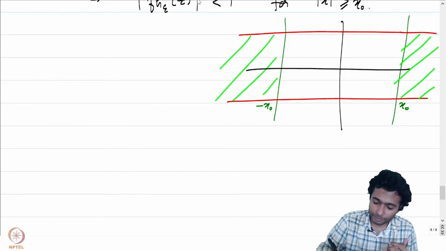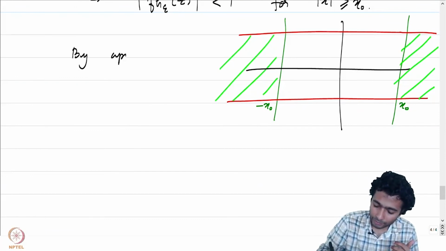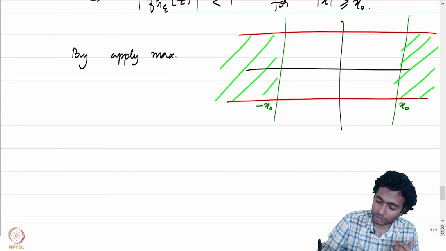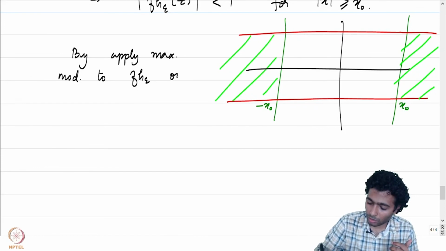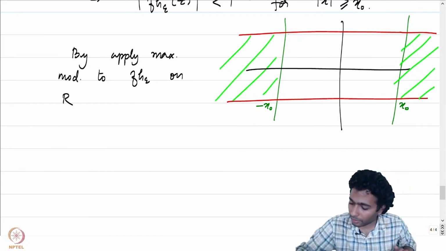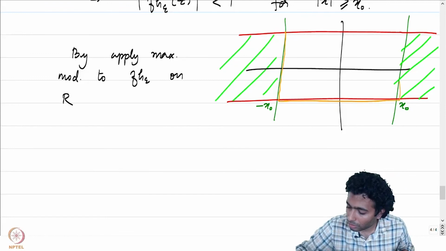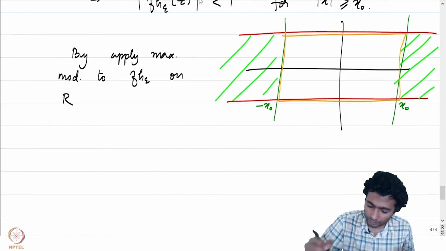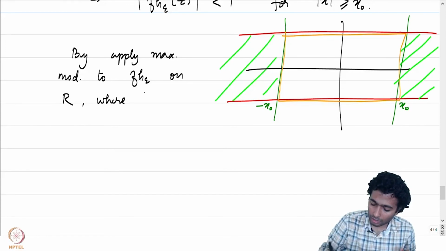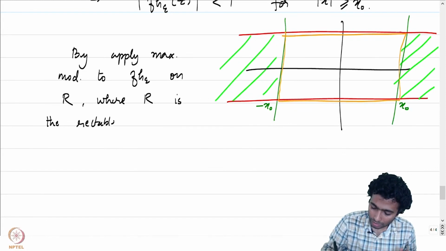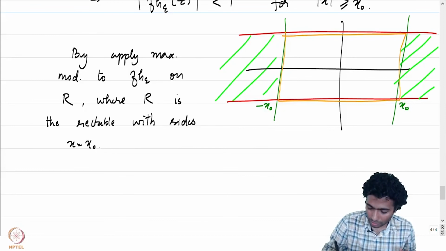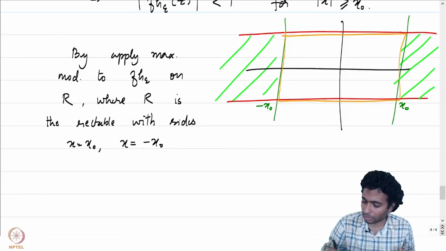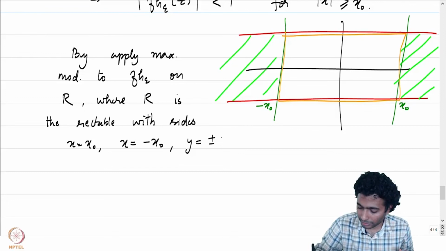Now, like the previous problem, by applying maximum modulus to f h epsilon on R, where R is again given by the orange rectangle here, the rectangle with sides x is equal to x naught, x is equal to minus x naught, y is equal to plus or minus pi by 2.